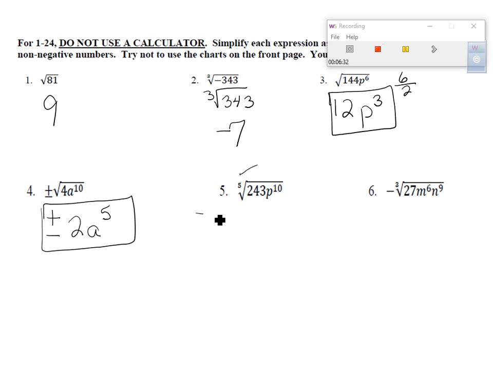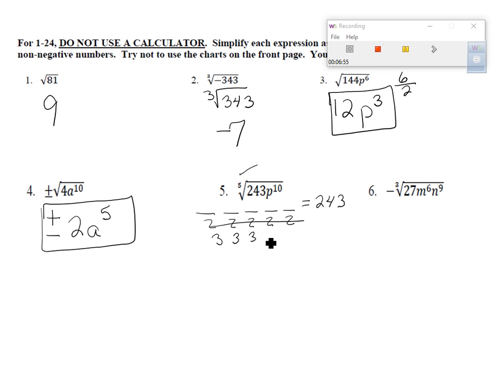I need some number times itself 5 times that will get me up to 243. So let's try 2 real fast. 2 times 2 is 4, times 2 is 8, times 2 is 16, times 2 is 32. So 2's are gone. Let's try 3 real fast.